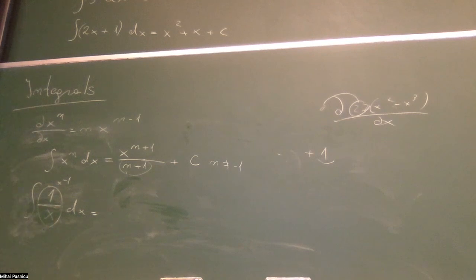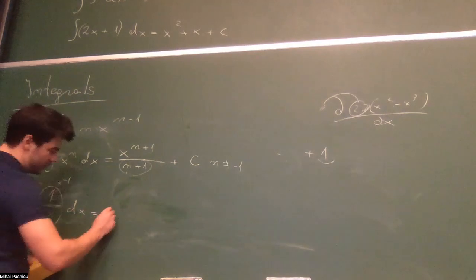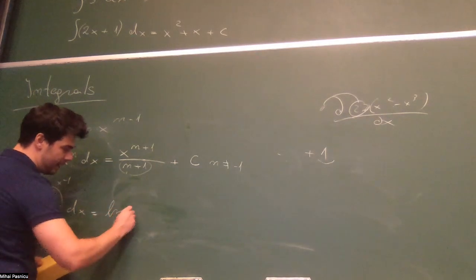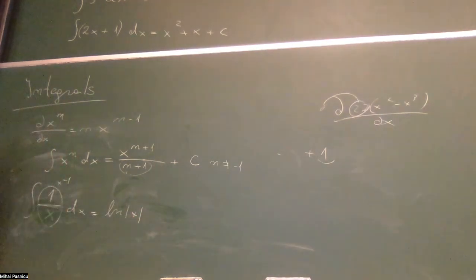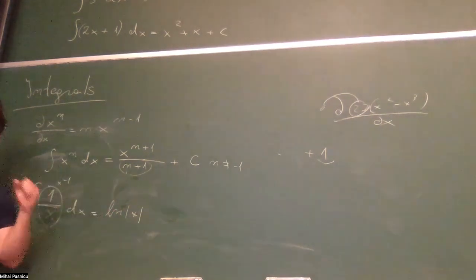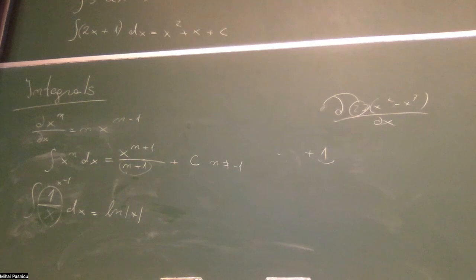What do you take the derivative of that gives you 1 over x? Yeah, close. It's ln of the absolute value of x. Because 1 over x can be negative. I can have 1 over minus 10 or 1 over 10, but ln cannot take a negative input. So I need to put an absolute value.